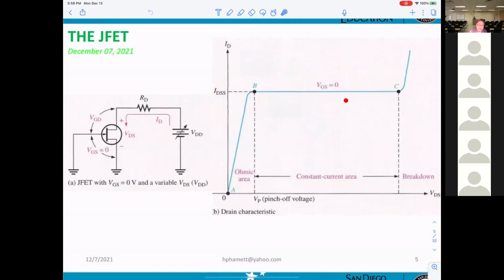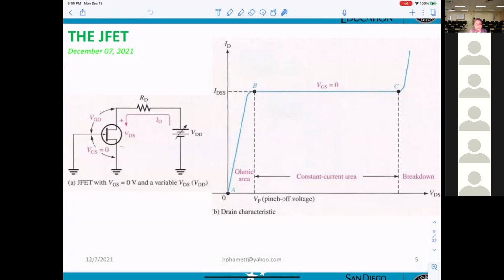And IDSS will be given by the manufacturer for each JFET. You cannot do anything. However, you must understand the definition for IDSS. Maximum current with VGS equal 0.